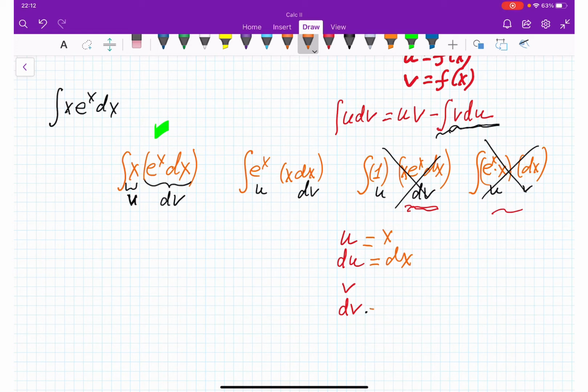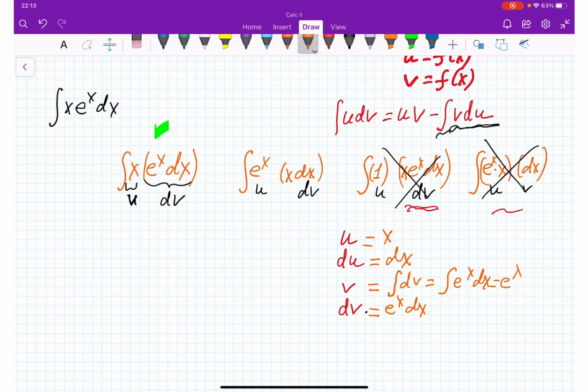If our dv is e to the power x dx, then v is going to be equal integral of dv, right? Which is going to be equal integral of e to the power x dx, that is equal e to the power x. Constantly have a hard time with having a decent integral sign.